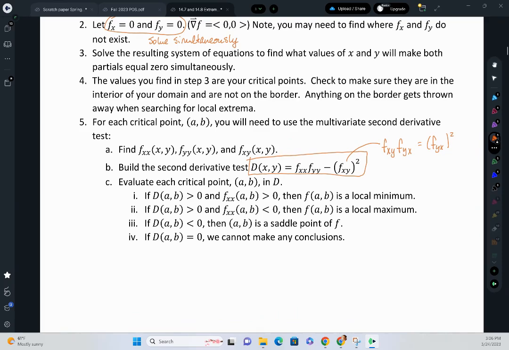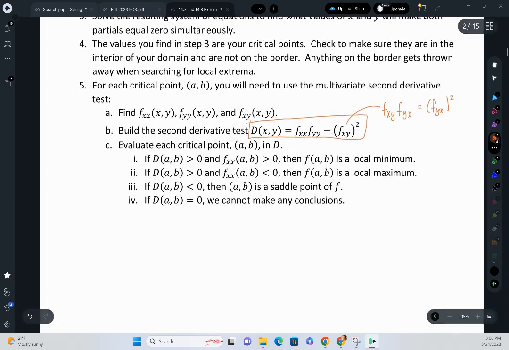Now we have our second derivative test, which will be some function. Then we evaluate big D at each critical point. We're not really worried about what the numbers are; we're worried about the signs. If big D at the critical point is greater than 0 and f sub xx is positive, then f of A, B is a local minimum.